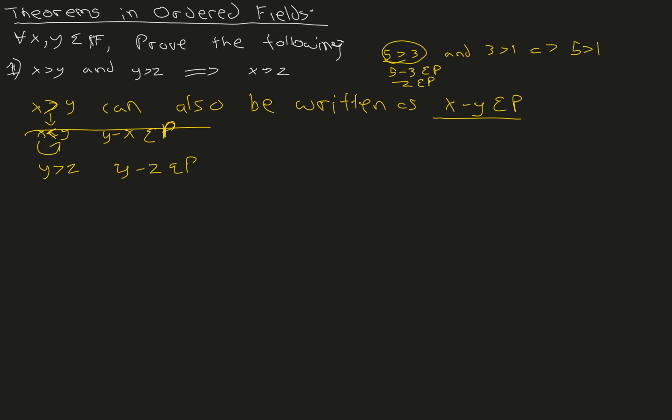So remember from our previous video, the ordered field obeys OA. That means if x and y are in P, then x plus y is also in P. So since x minus y is in P and y minus z is in P, that means x minus y plus y minus z is also in P. And minus y plus y by additive inverse will just boil down to 0, and 0 plus x is just x because of additive neutral.